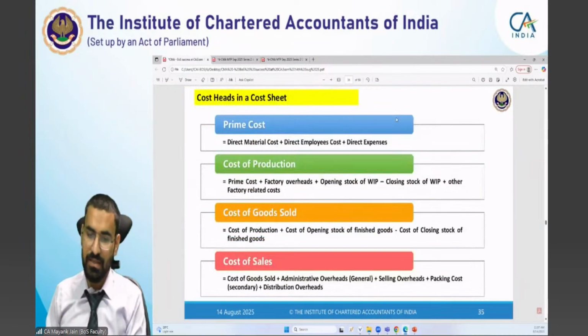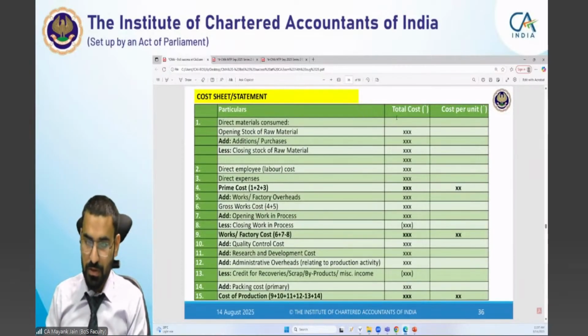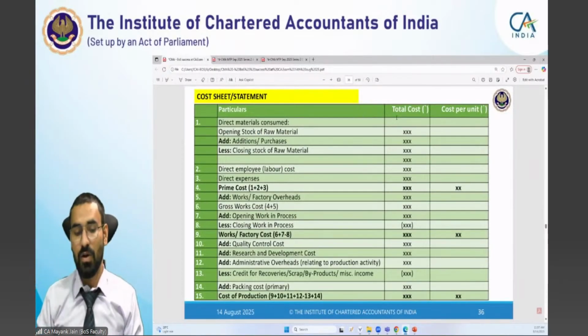Next is cost sheet. You will go through this cost sheet or the cost statement. It is already given in the book.